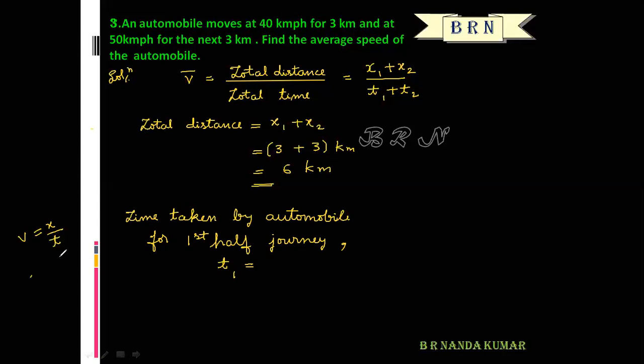So time is distance divided by speed, is it not? So T1 is x1 divided by v1.